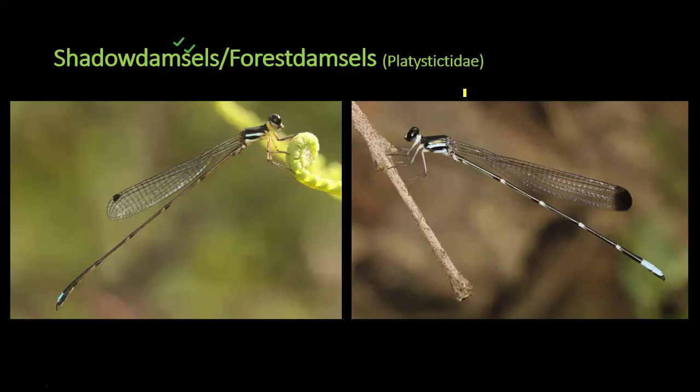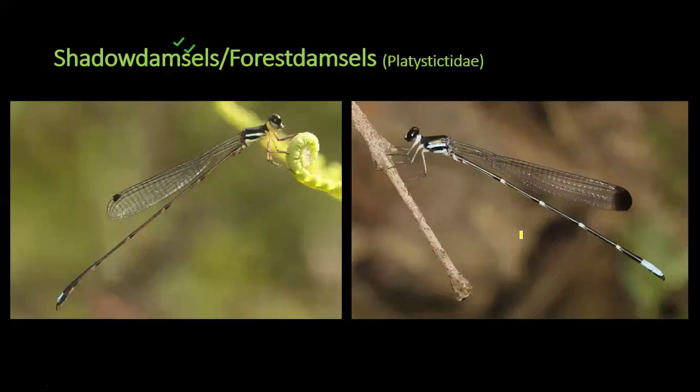All these species have a blue abdomen tip, and certain species may have dark wingtips, but that's only between a few species. Only a few species have this dark black wingtip. But generally, all species are dark with a pale bluish abdomen tip.